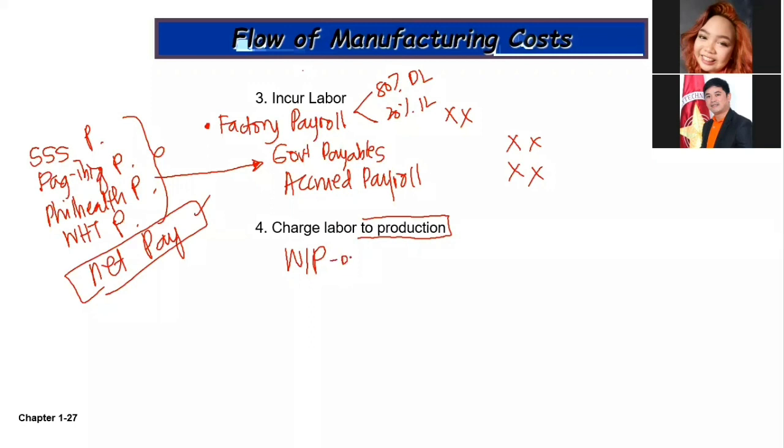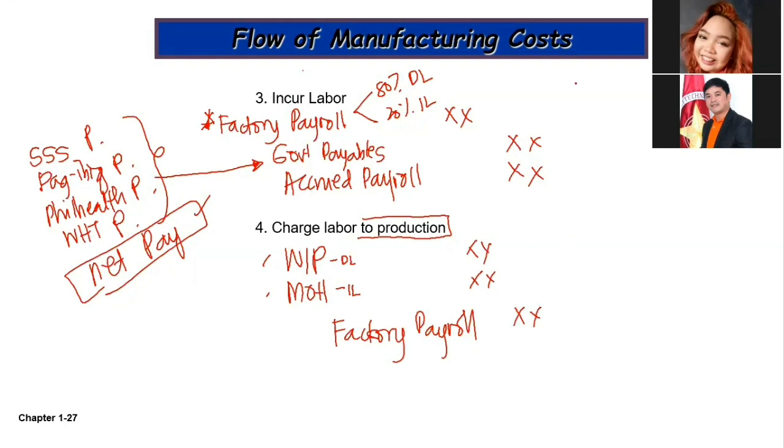Lagyan lang natin ang note na direct labor. Ano pa? Debit manufacturing overhead para sa indirect labor. Anong credit natin? Parang nireclassify mo lang itong factory payroll into these two accounts, work in process and manufacturing overhead. Okay? Ayan.